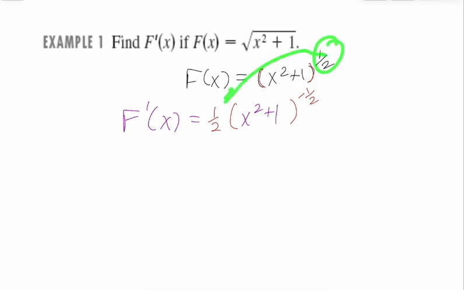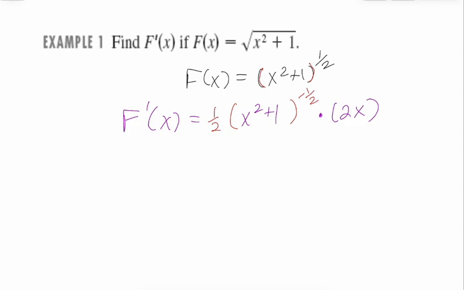The power drops down in front. Power goes down by 1. Stuff stays there. But then we're going to multiply by the derivative of that inside stuff. The derivative of x squared is 2x plus 0, or 2x. That's your answer. Do I care about a simplification at this point? Not in the least. First step, all we need to do is practice that first step.